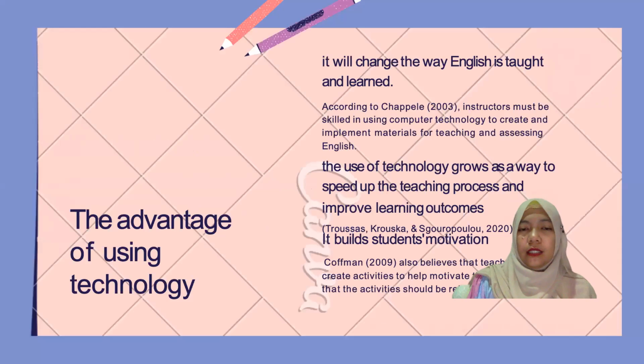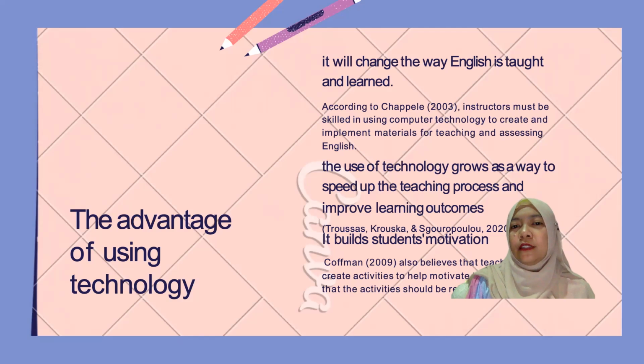Next, the advantage of using technology itself. The first one we can see here: it will change the way English is taught and learned. There is a theory from Chappelle in 2003. Instructors must be skilled in using computer technology to create and implement materials for teaching and assessing English.